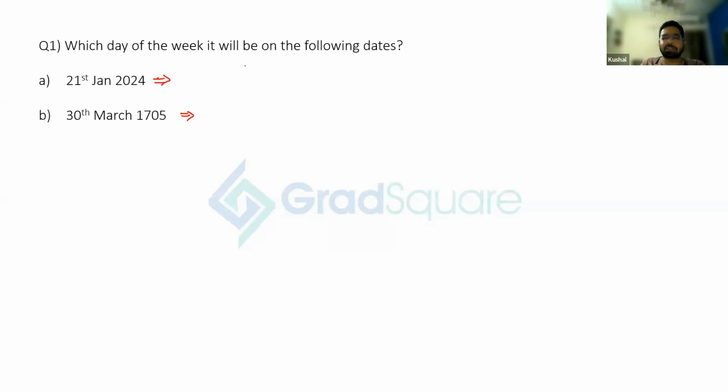Let's try and calculate this. Now, we realize that the year number 1 to year number 2000 will have 0 odd days. Now, 2001 to 2023 will have how many leap years? Leap years will be 5 leap years, and non-leap years will be how many?